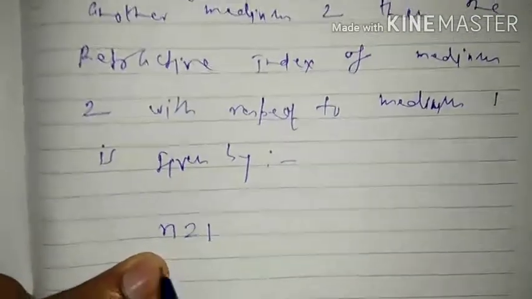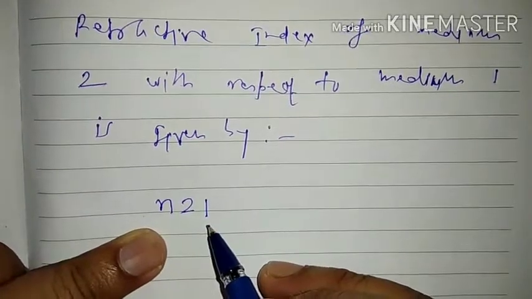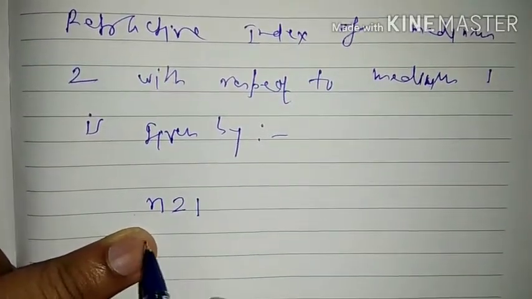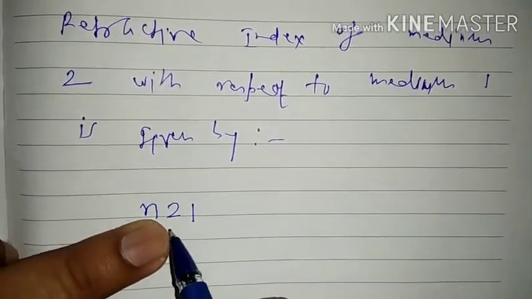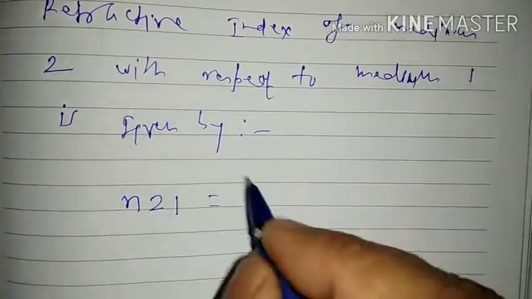Dear students, don't read it as N twenty-one. It is not 21. It is a special notation.